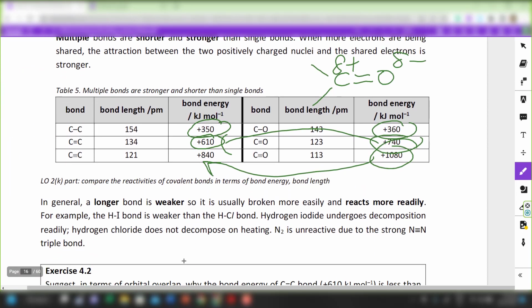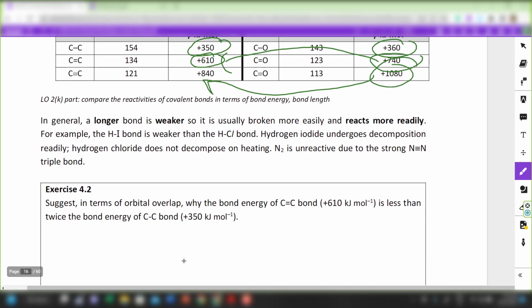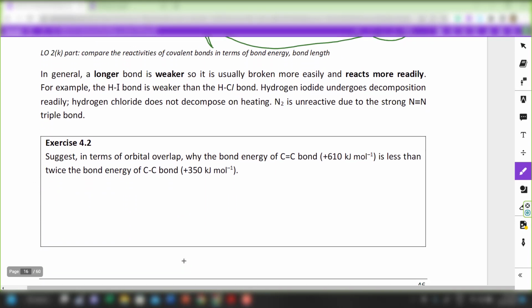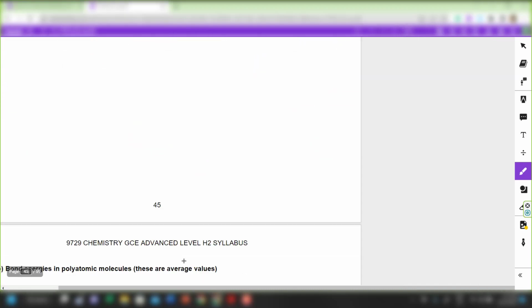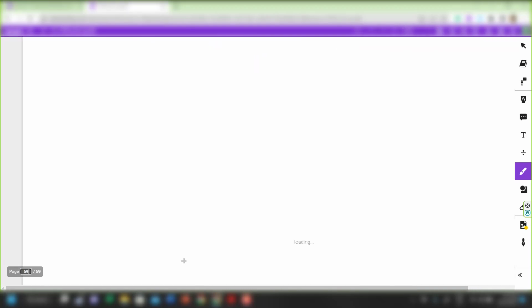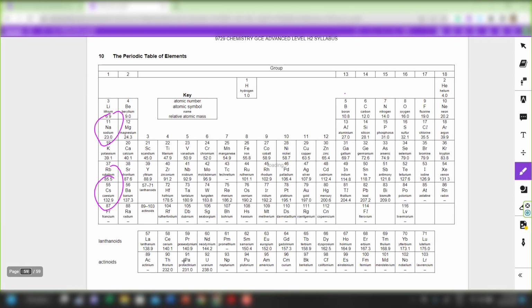Okay, then moving on, a longer bond is weaker. I think we can also understand why, because a longer bond simply means that the overlap between the orbitals tends to be weaker. So for example, for HI, the iodine, if I go to the periodic table, iodine is in period 5. So iodine will be using period 5 valence orbitals to overlap with the 1s of hydrogen.